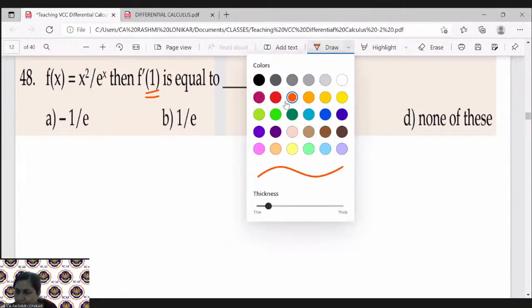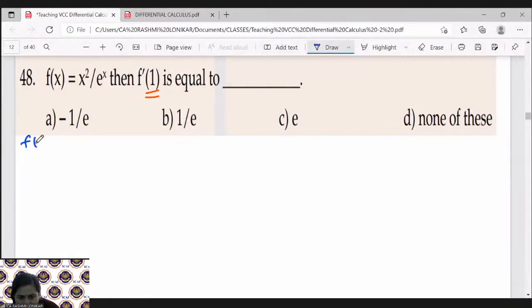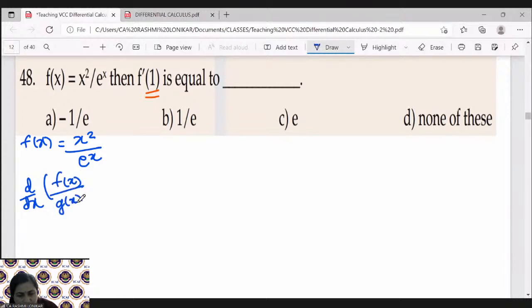So what happens in this question is, f of x is equal to x square upon e raised to x. This is a function in x. This is also a function in x. And there is a division sign. So what will I do? I will use the derivative d by dx of f x upon g x. Okay.